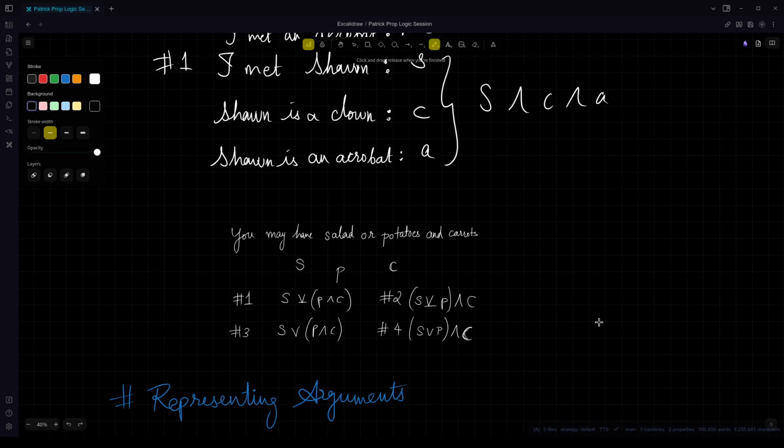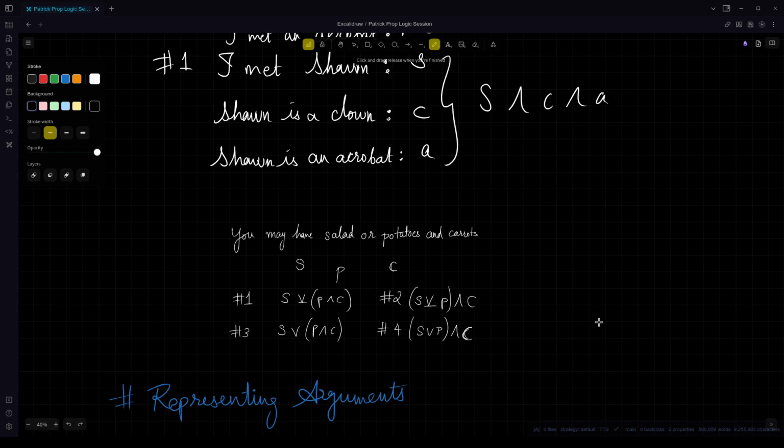An exclusive or an inclusive disjunction, for "you may have salads or potatoes and carrots." It's not very clear in natural language whether we have an inclusive or an exclusive disjunction, but normally when people use an "or" in natural language, they're probably talking about an exclusive disjunction.